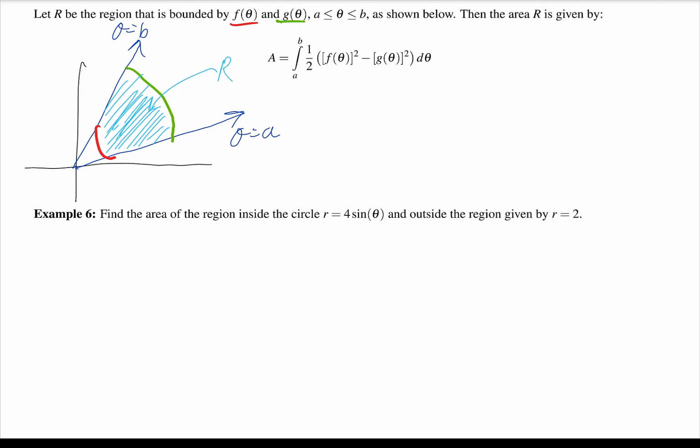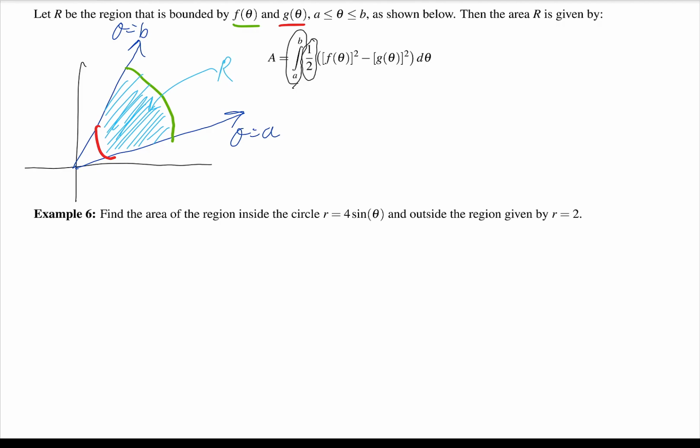Actually I need to switch this up real quick, just because of the way the formula is written. The way you find the area of this is you integrate from theta equals a to theta equals b. So that's this part. And then you'll still have the 1/2.